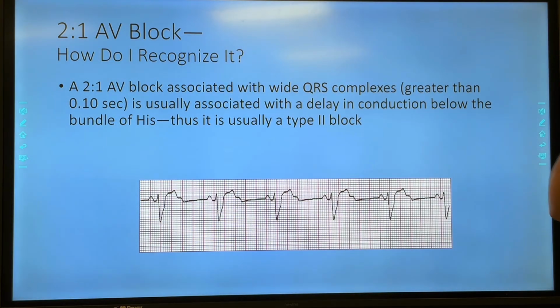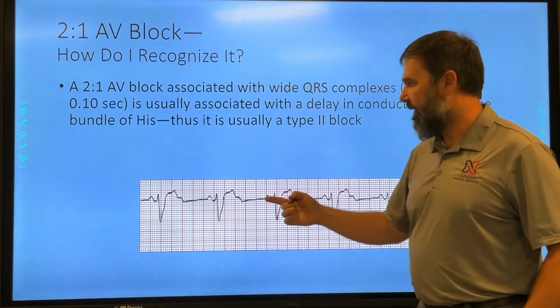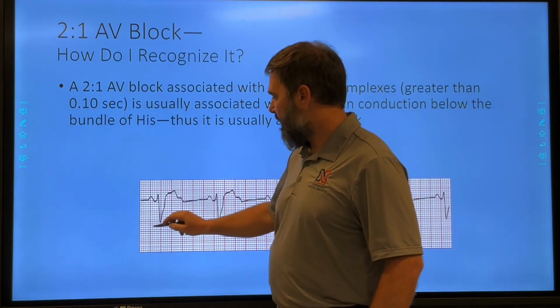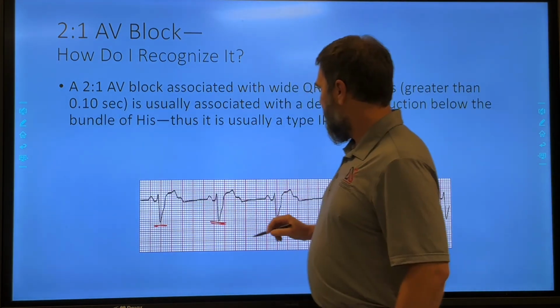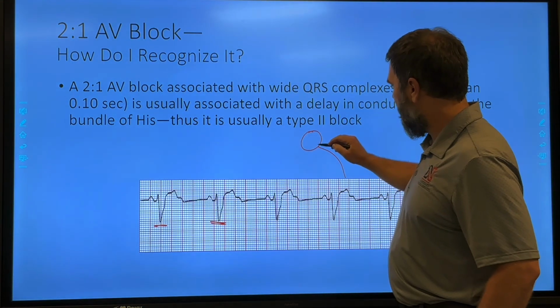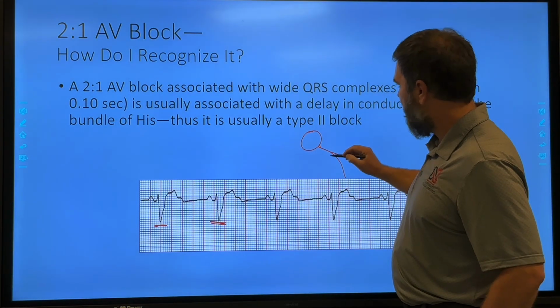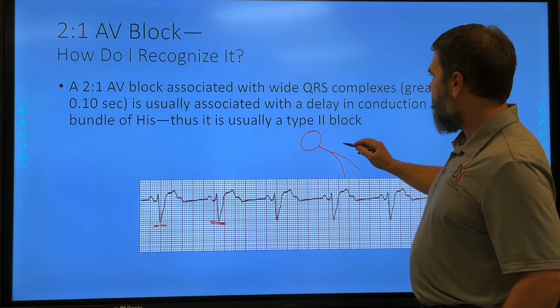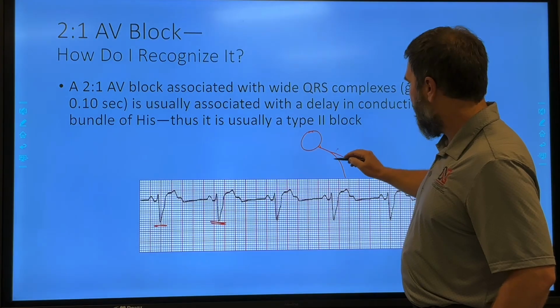A 2-to-1 block associated with a wide QRS is usually associated with delayed conduction below the bundle of His, thus it's a type 2 block. So notice the width of the QRS. If we're looking at the AV node and the bundle of His before it splits, this is happening beneath here somewhere.